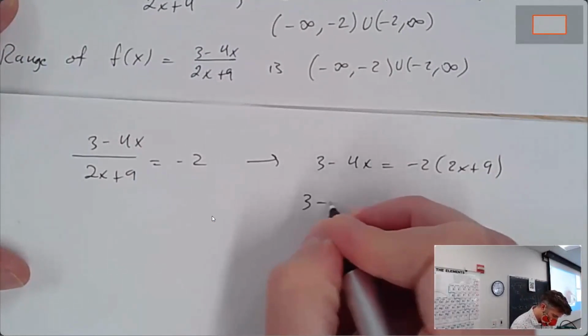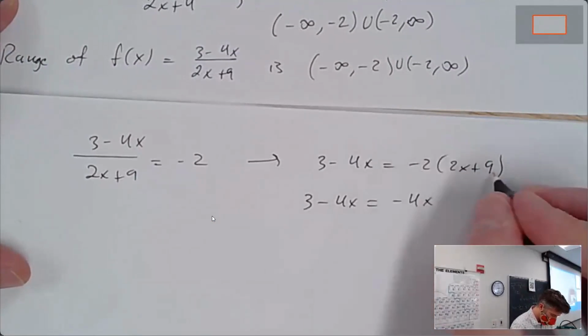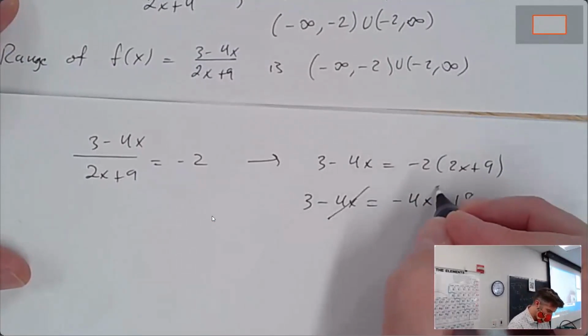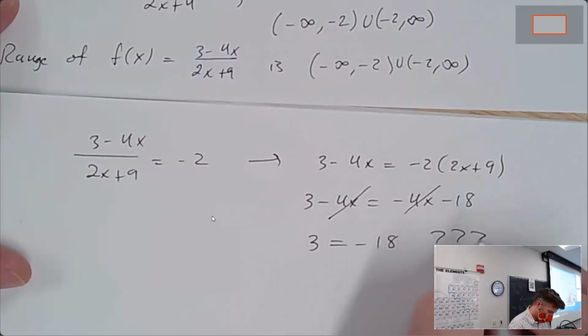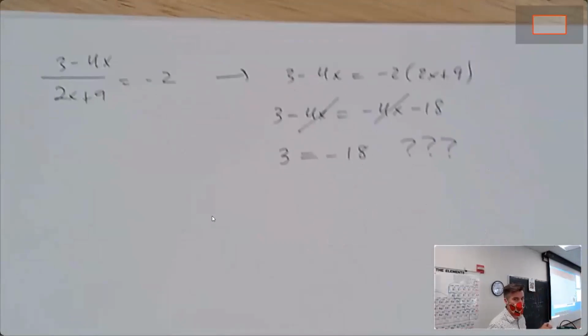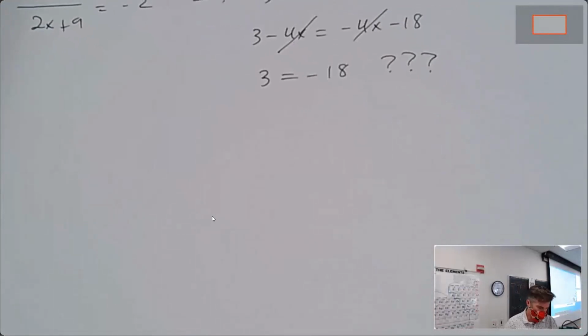And then distribute. And look what's going to happen. Negative 2 times 2x is negative 4x. Negative 2 times 9 is negative 18. And the negative 4x is canceled. And now we've got problems. So negative 2 definitely isn't in the range. There's no way that this function can ever equal negative 2. So that's how you can use the inverse function to find the range, if you want to.